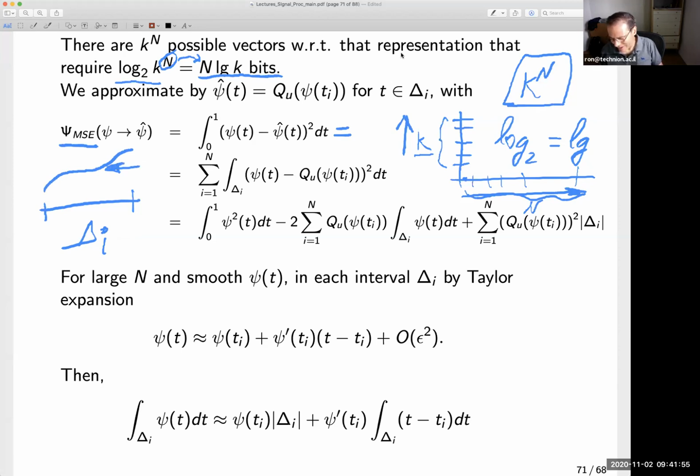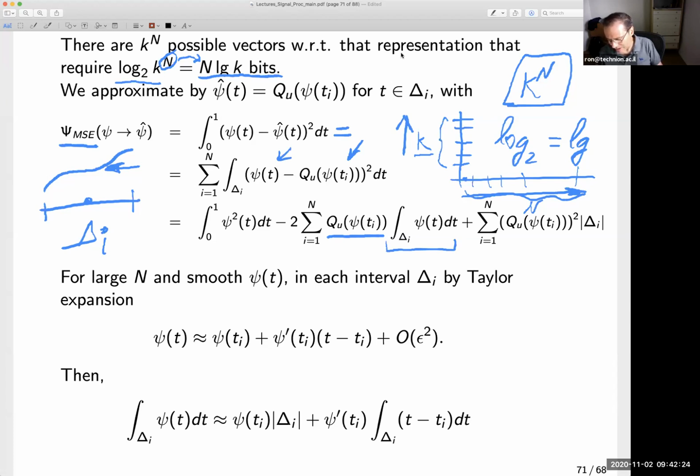And if I open the parentheses, what I'm getting is the uniform quantization of y at point ti. Okay, so I'm sampling the value at this point. Because this is the value that I'm sampling my signal with, and I'm just integrating over the values of my smooth function. So again, the name of the game goes like that.